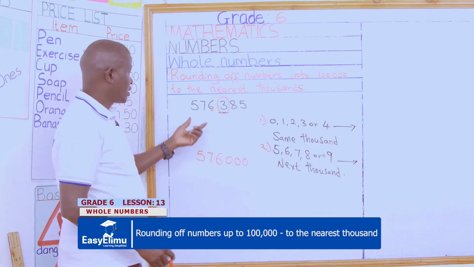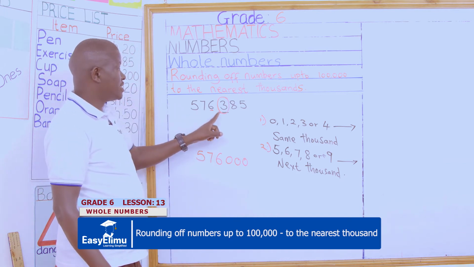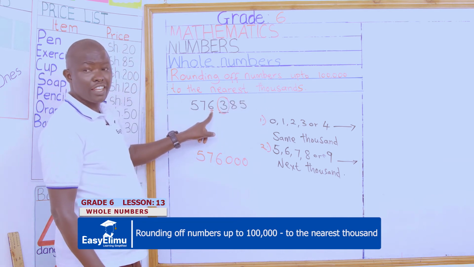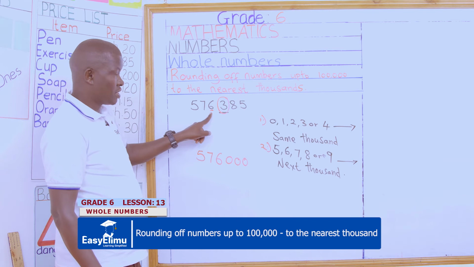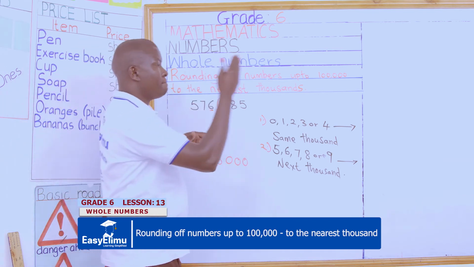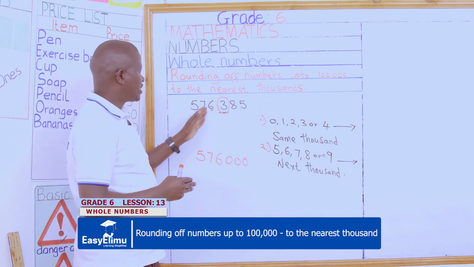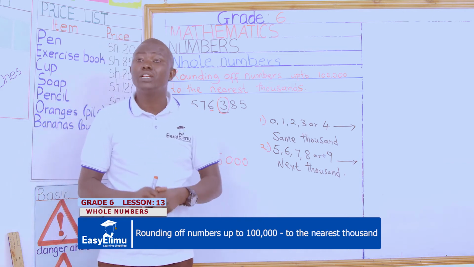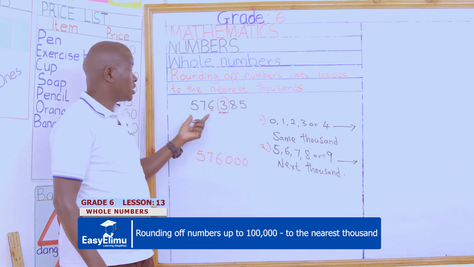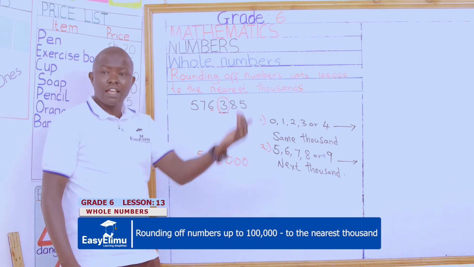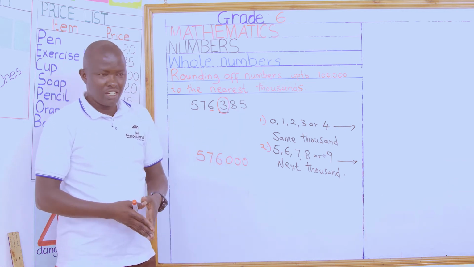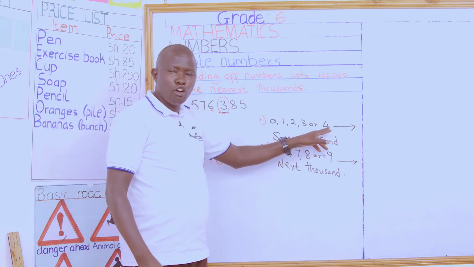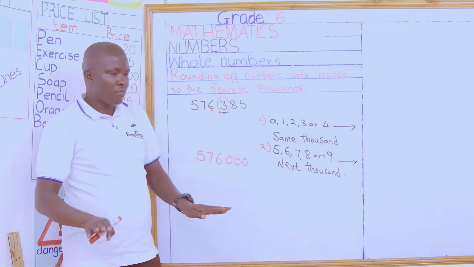This is what I've said. When rounding off to the nearest thousand, first identify the thousand digit, which is 6. The digit after 6, in the hundreds place value, determines whether we round to the next thousand or to the same thousand. If it is either 0, 1, 2, 3 or 4, it remains in the same thousand.